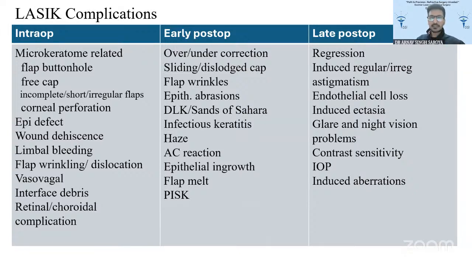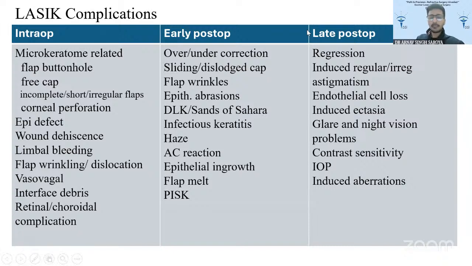Most commonly, what we've seen classically and has been discussed in textbooks and various meetings, microkeratome related are flap buttonhole, free cap, incomplete or short irregular flaps, or corneal perforations rarely. Epithelial defects, wound dehiscence, limbal bleeding, flap wrinkling, etc. Early post-op, including over or under correction, dislodged flaps, flap wrinkles, epithelial abrasions, DLK, or sands of Sahara.